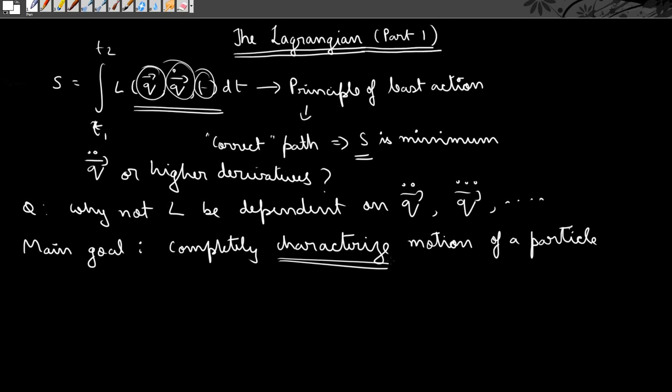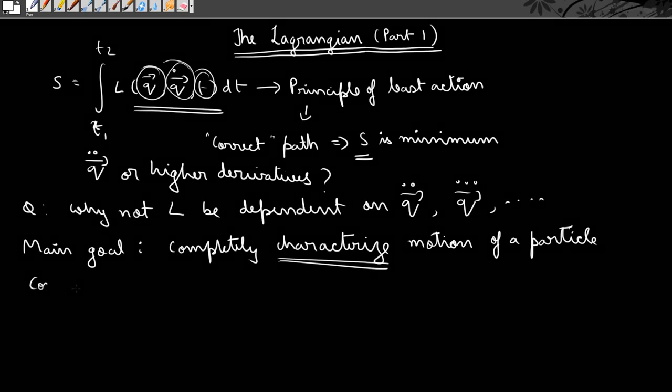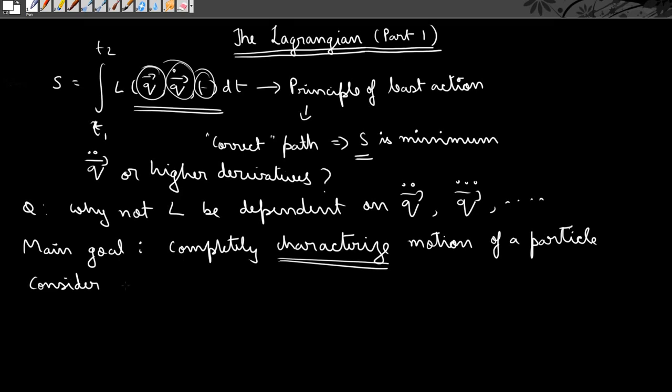For this, let's consider a particle moving in one dimension. In one dimension, a particle can only move along a particular line, and let's say x denotes the position of the particle.